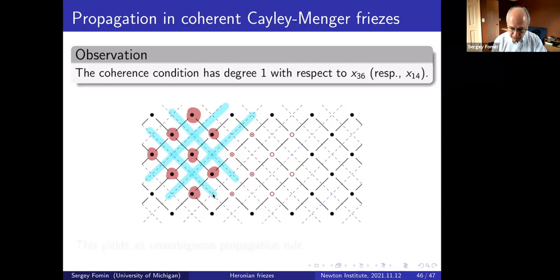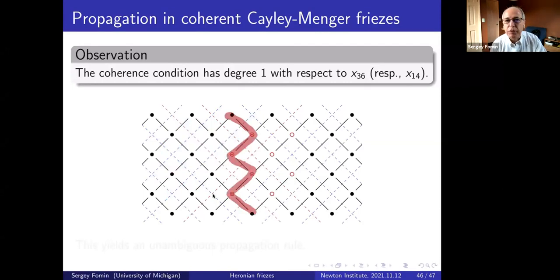Okay, so what does this mean in practical terms? It means that if we start by fixing, in addition to our usual initial data for the frieze, some choices for the next layer, right? So how do I find this guy? Well, from the Cayley-Menger equation, just pick any solution.